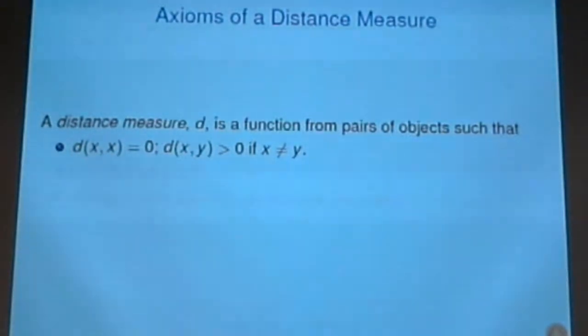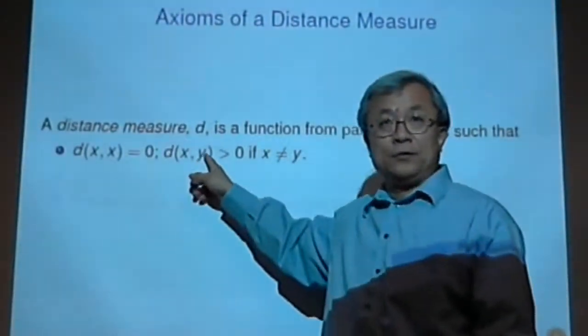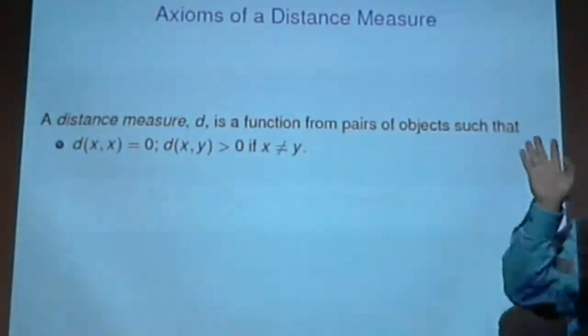Otherwise, if you allow the possibility of having two distinct objects with a distance of zero, that's not really a distance. That's called a semi-distance, a semi-metric system. But here we do require that for distinct objects, the distance is strictly positive.